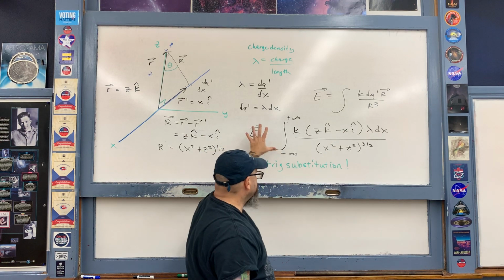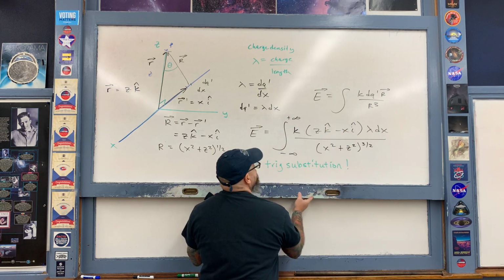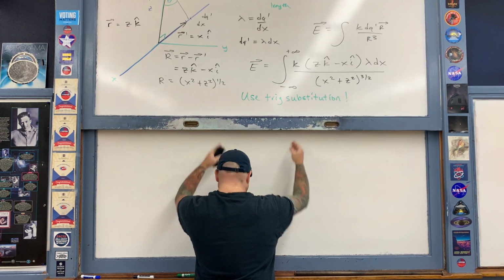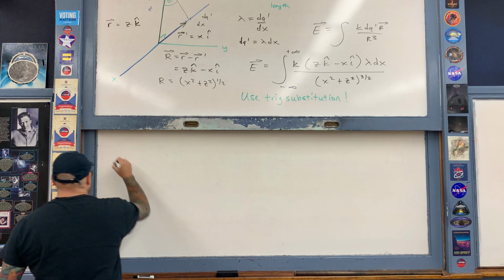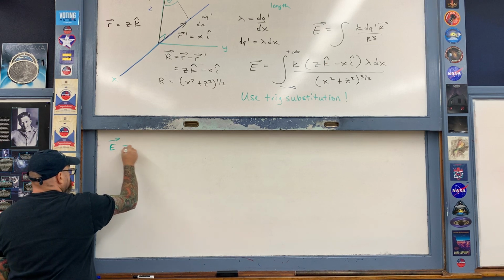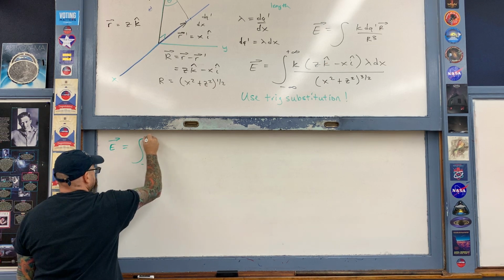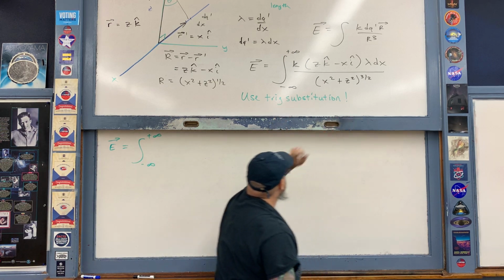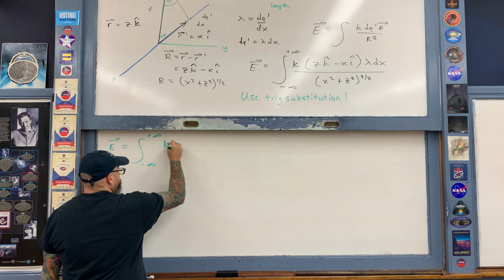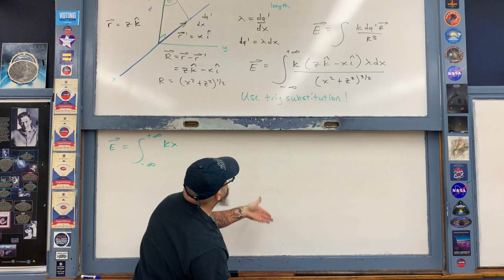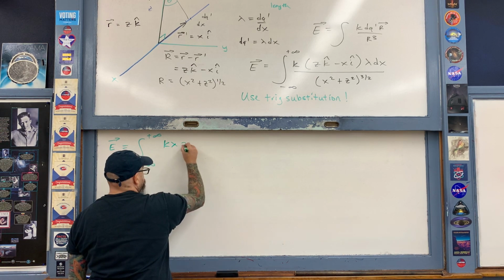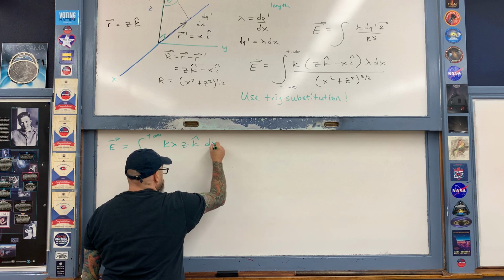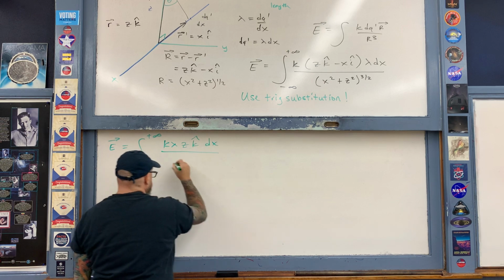And so then therefore this right here now becomes this. Okay, first of all, we've got k times lambda, and then multiply by z k hat, then times dx, and then divided by our denominator.